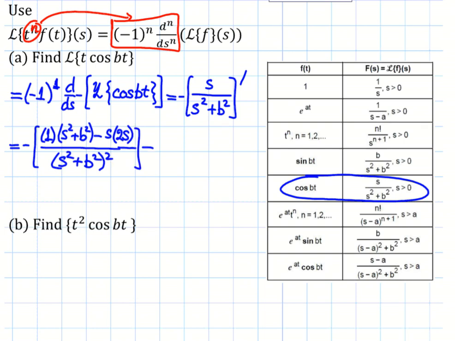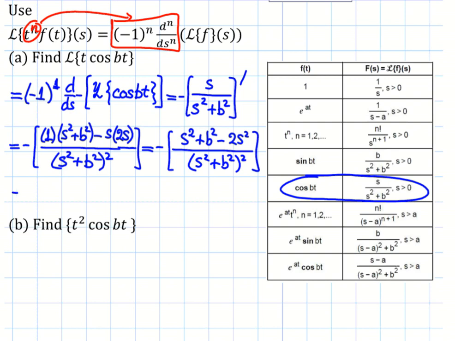And I just keep the negative outside here. Multiply inside, we should have s squared and then minus 2s squared. So that's s squared plus b squared minus 2s squared over (s squared plus b squared) squared.